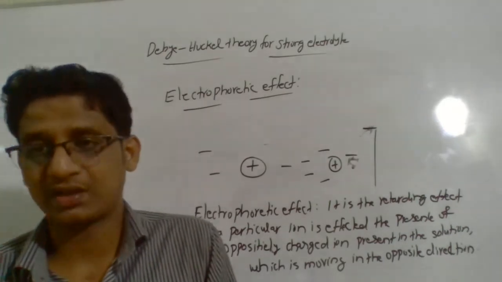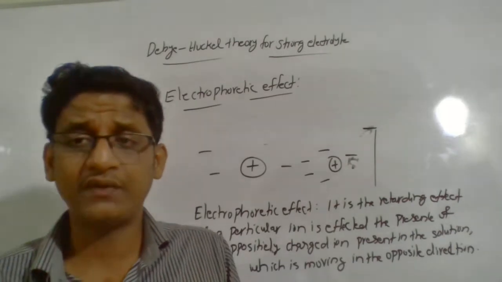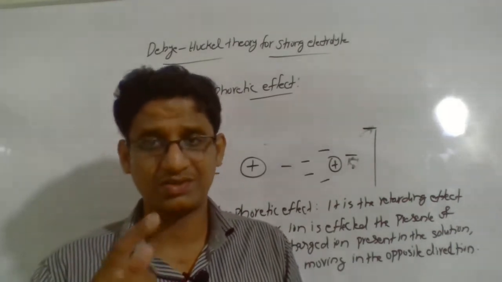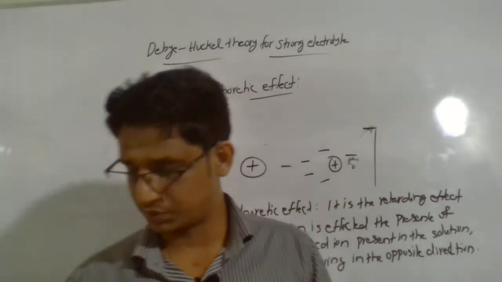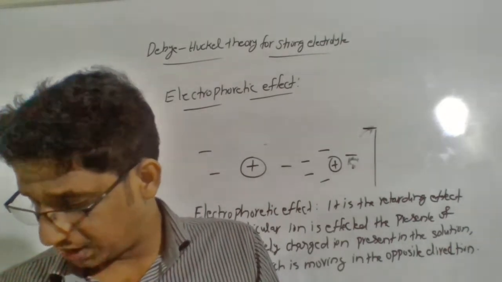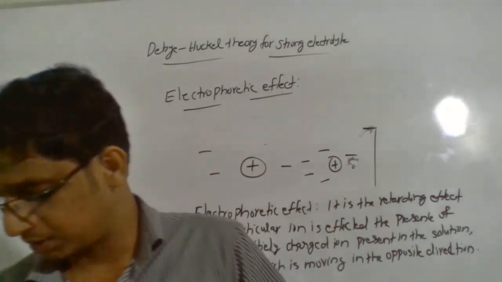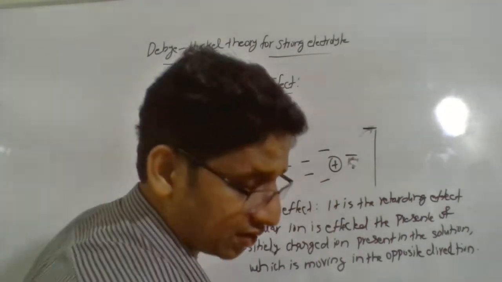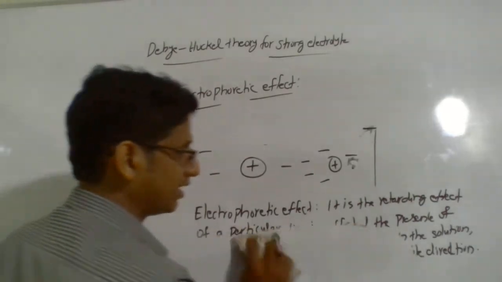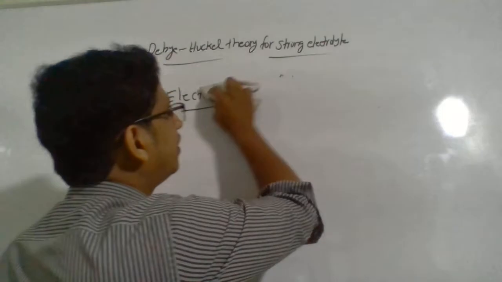So these are the factors you can remember when you talk about the movement of ions of a strong electrolyte in an aqueous solution. The next point: the slow and steady increase of molar conductance of strong electrolytes in dilute solution is due to the mobility of the ions gradually increasing. We already discussed why molar conductivity increases on dilution.